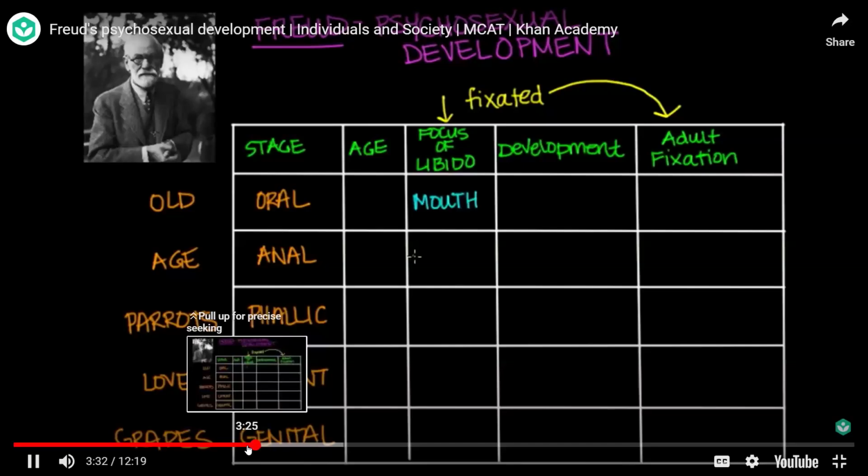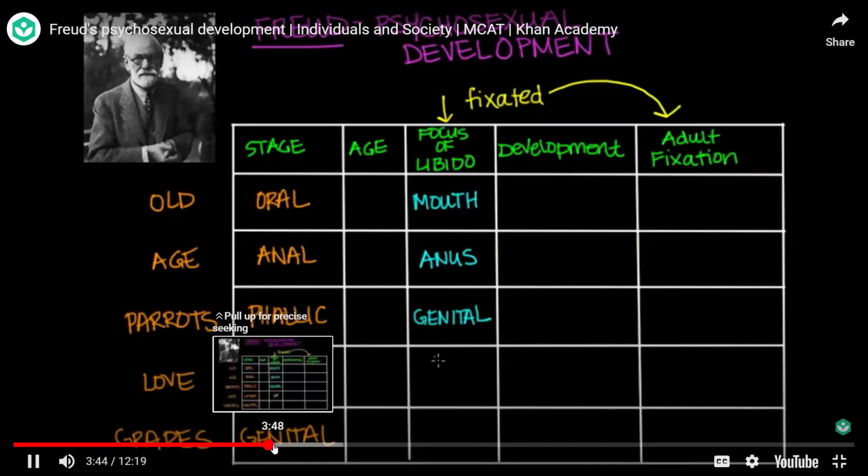Oral for mouth. The anal stage is anus, pretty self-explanatory. The phallic stage is the genitals, and I'll go through and explain all this in a bit. The latent actually doesn't have anything. And the genital stage, the last stage, is, again, the genitals.